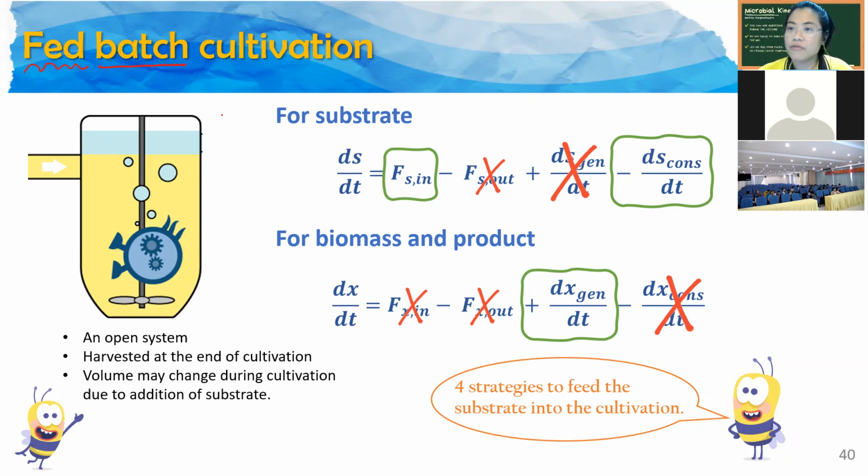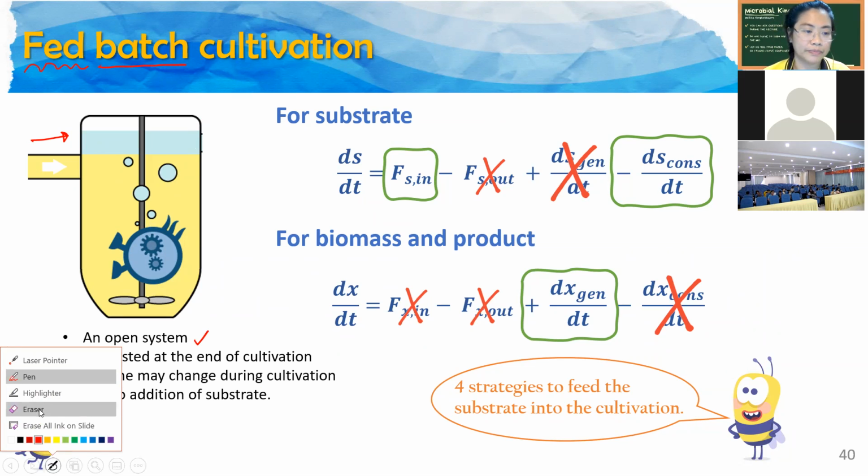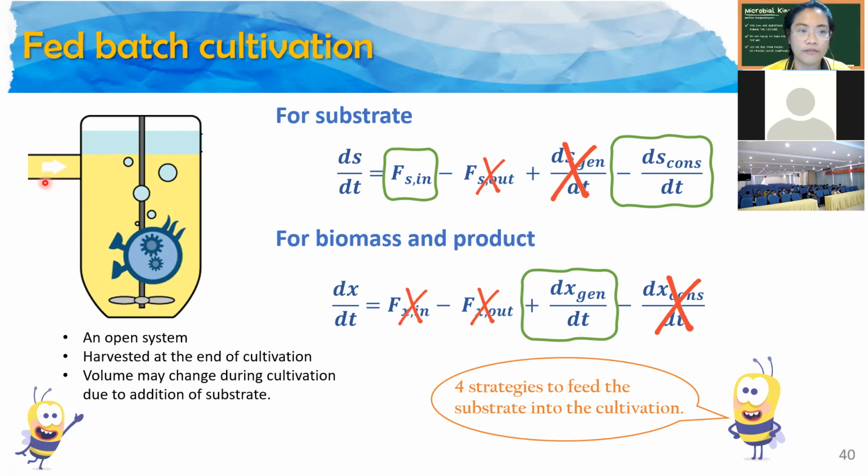Basically, with fed batch cultivation, you start off the fermentation as a batch fermentation, and then you feed something in. So that means that a fed batch cultivation is an open system, because you have the flow in.